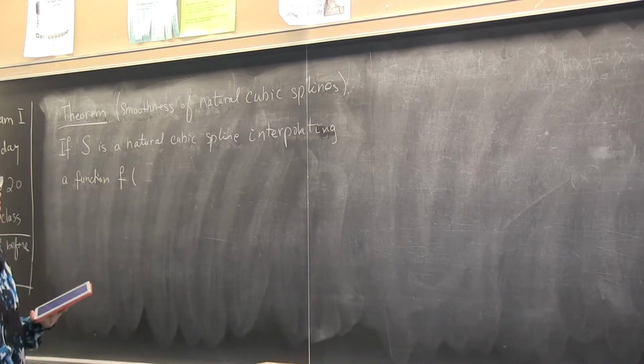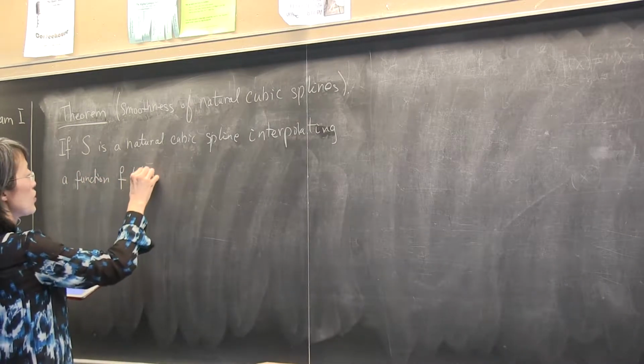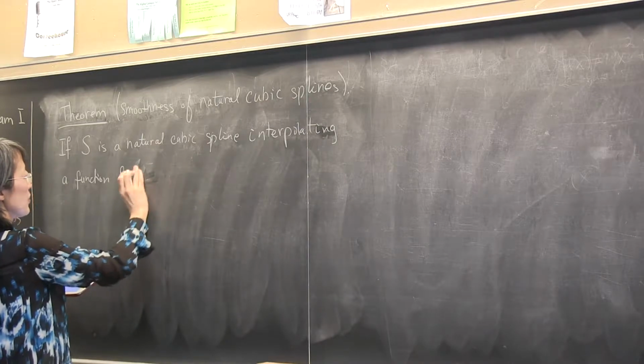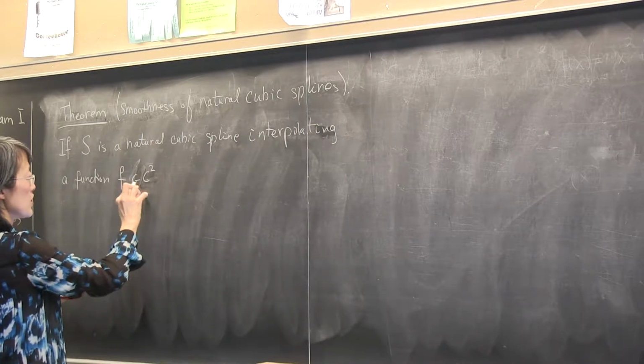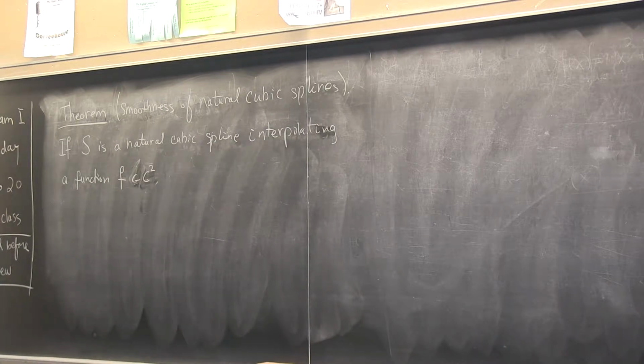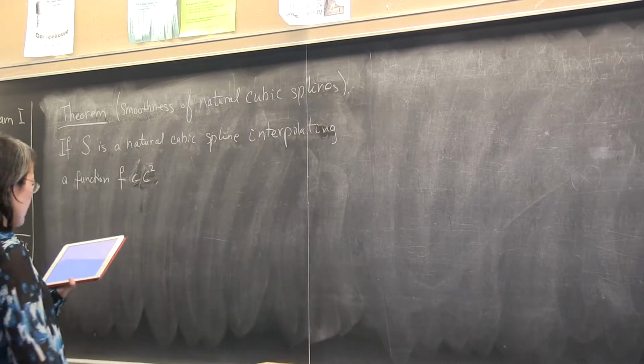Well, I need to fuss because I have to differentiate it twice. So it has to be twice differentiable. Let's say f is in C2. It's easier, it's shorthand. So a twice continuously differentiable function.